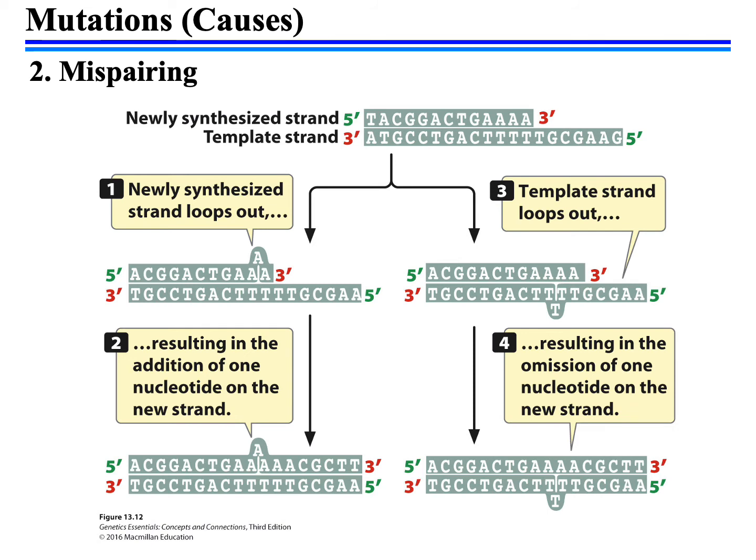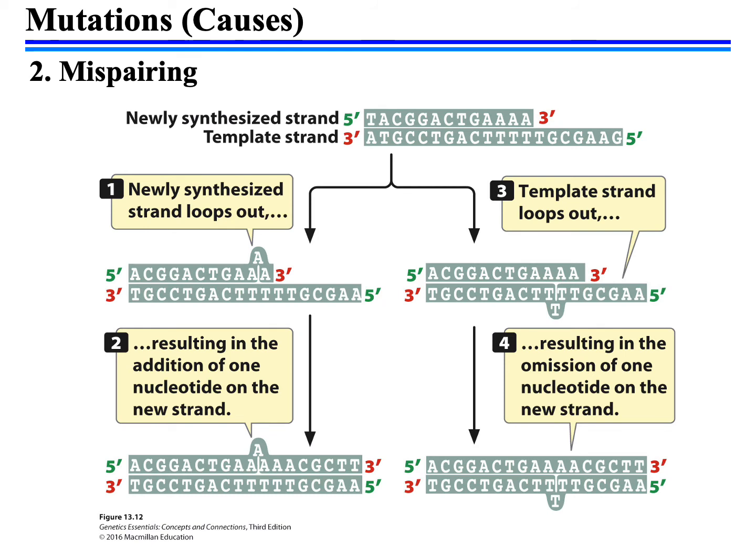Alternatively, if you look at panels 3 and 4, you could have the looping out occur on the template strand rather than on the newly synthesized strand. And again, these are all mistakes or errors that could in fact happen. Don't necessarily always happen, but could happen simply by those hydrogen bonds releasing and falling back in the incorrect position.